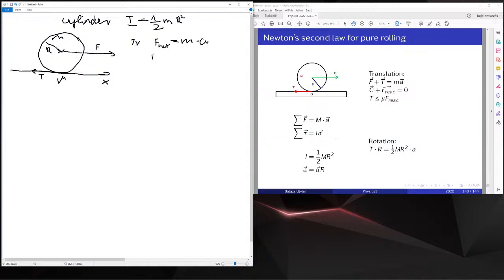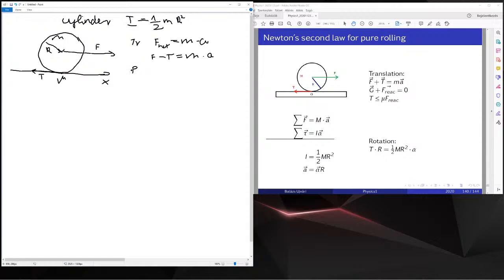Therefore, the net force is F with the positive sign minus t. So the acceleration of the body can be calculated by this equation. But you remember the static friction, we don't know it at the very beginning, we didn't know it in the incline example either. So we can't go through with this equation since we don't know t and we don't know a. One equation, two unknowns, we can't solve that.